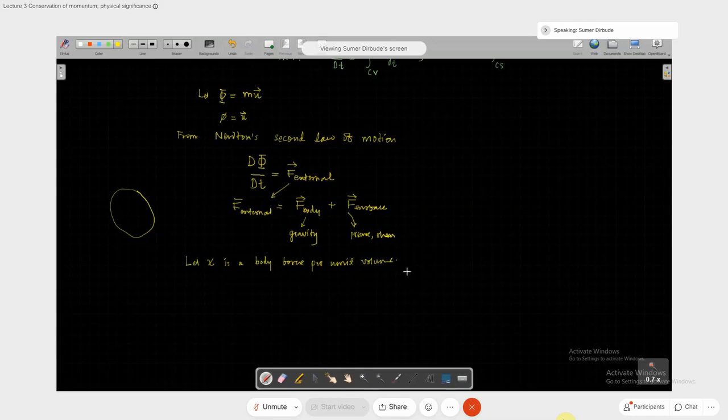Then F body can be written as the integral of chi dV, where V is a volume. So now we have an expression for the body force.